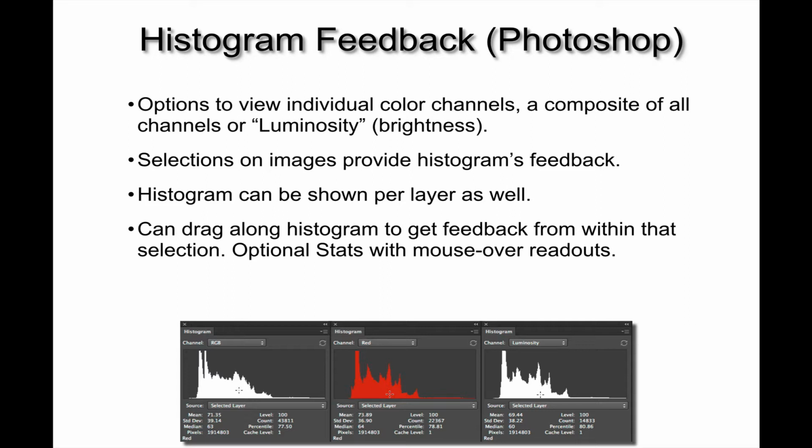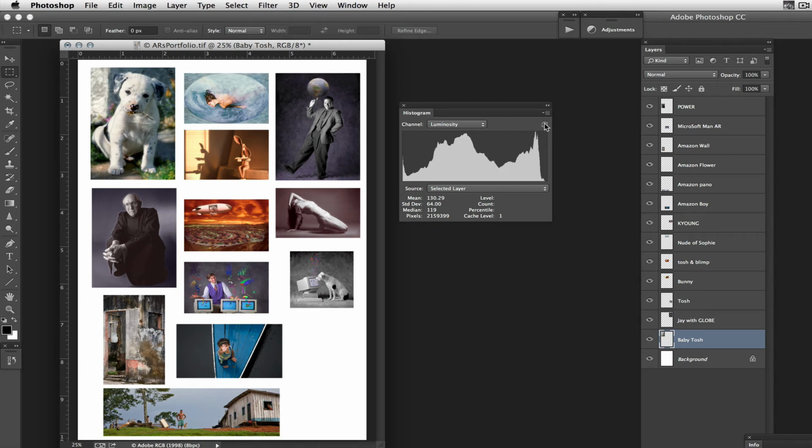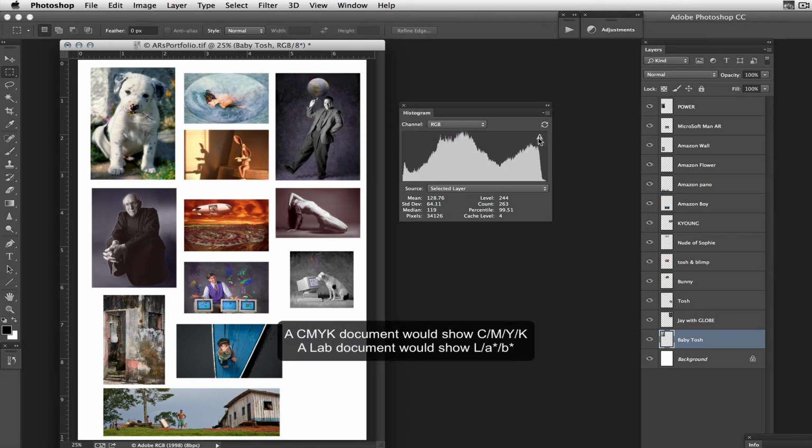And let's look at the difference between looking at an RGB composite histogram, a luminosity histogram, which we've seen, and then the individual color histograms as well. If we go back into Photoshop, we have our RGB histogram, which is all three composites. We can also look at just the red, the green, and the blue.